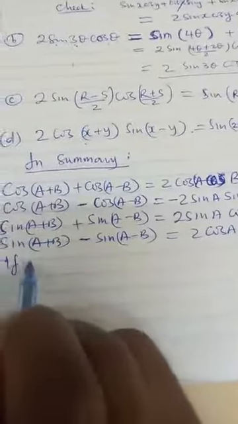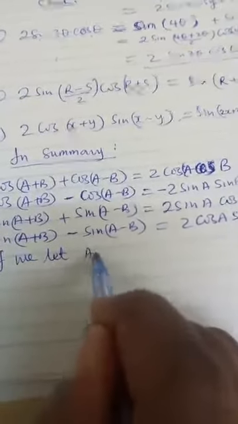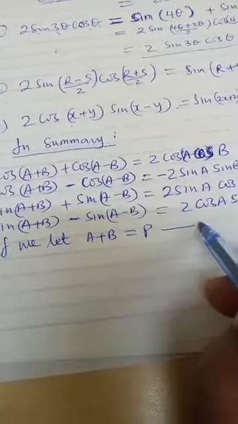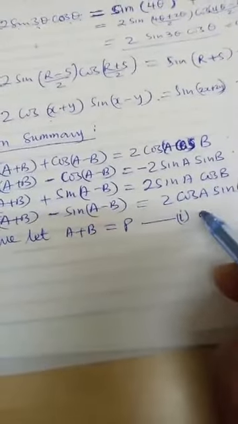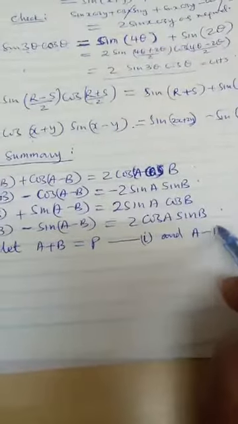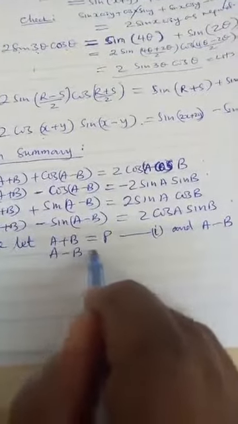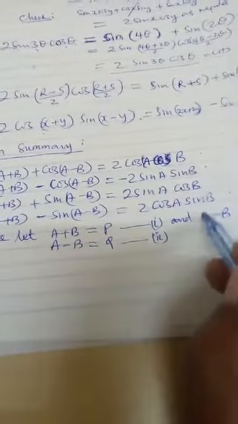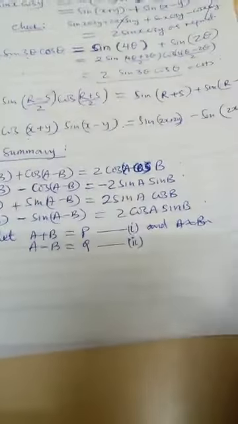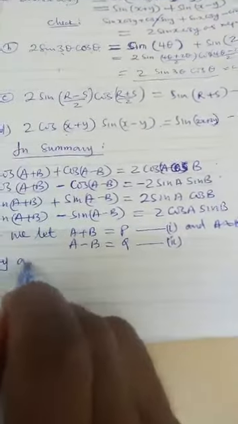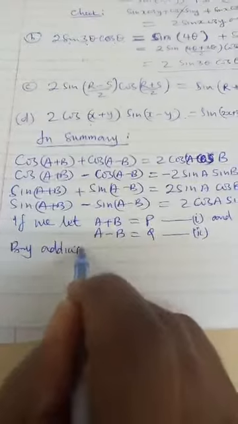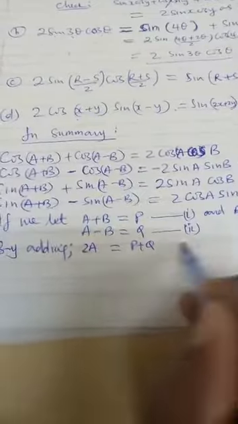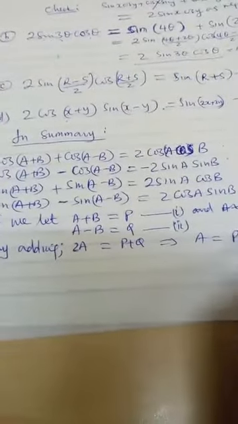If we let a plus b be p, you can call this equation 1, and a minus b be q, we call it equation 2, then by adding these equations, we will have 2a equal to p plus q, implying that a would be p plus q over 2.